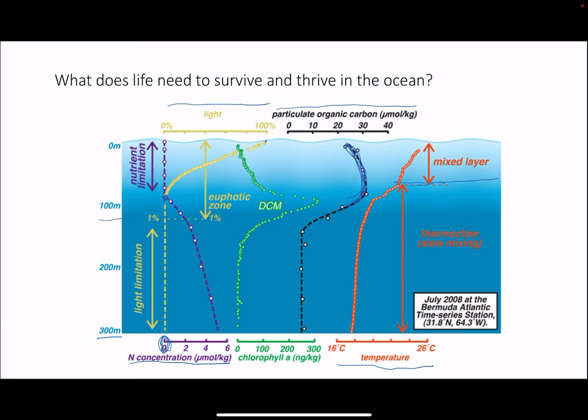You also see that here with the chlorophyll, in that the chlorophyll max, which is labeled as the DCM here, the deep chlorophyll maximum, is basically exactly in that place where the light and the nutrients come together. Okay, so this is a complicated figure, but it sort of shows you how everything is playing together and interacting to make this surface layer of the ocean a place for lots of biological activity.